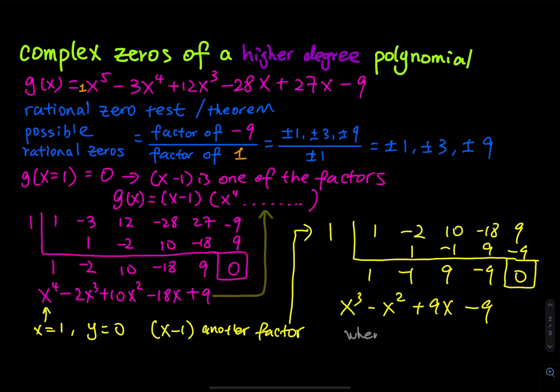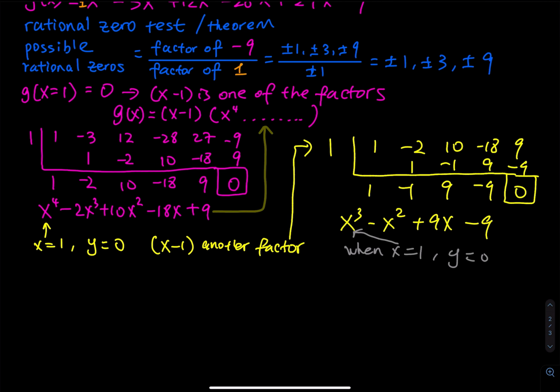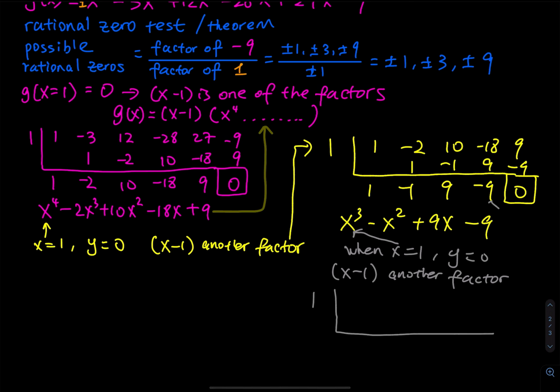When x equals 1, y equals 0. So that means we can start another line. So that means we have x minus 1, another factor. So this will be a 1, and then we pull this line down.